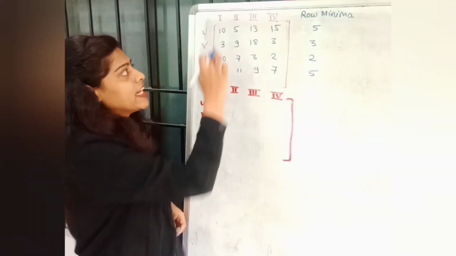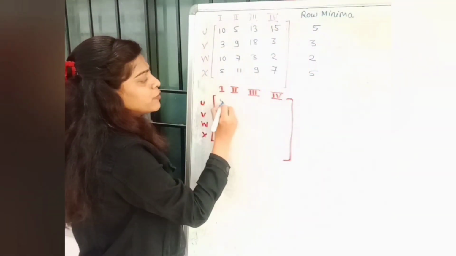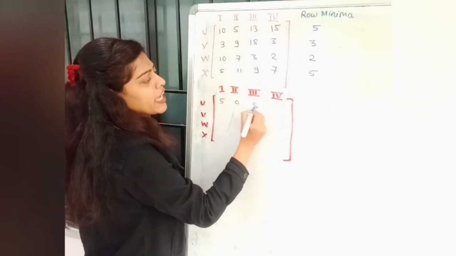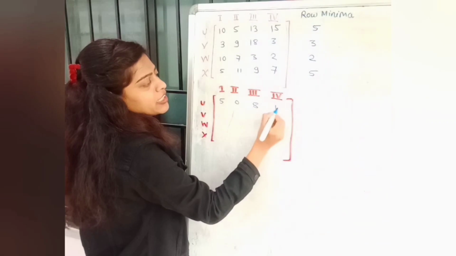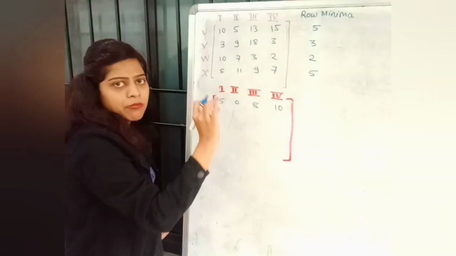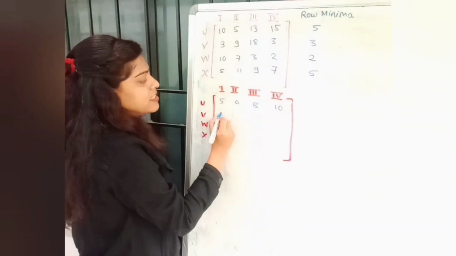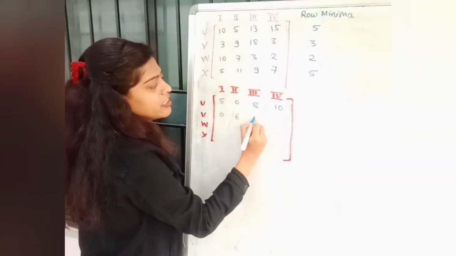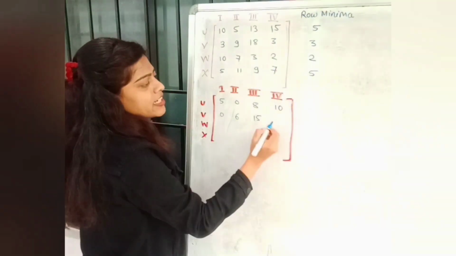First row becomes, that is 10 minus 5 is 5, 5 minus 5 is 0, 13 minus 5 is 8, 15 minus 5 is 10. Similarly for the second row, subtract 3 from each element, that is 3 minus 3 is 0, 9 minus 3 is 6, 18 minus 3 is 15, 3 minus 3 is 0.